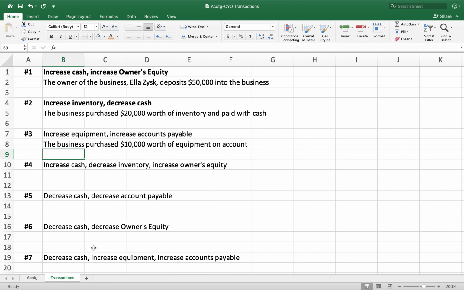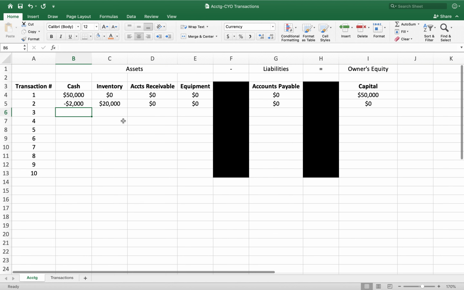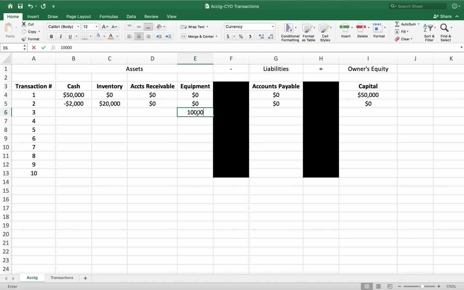We owe that at a later date. So $10,000 for equipment, that's what we gained, and we borrowed that amount. So that is accounts payable. 10,000 minus 10,000 equals 0 for owner's equity. Nothing for receivable, nothing for inventory, nothing for cash.